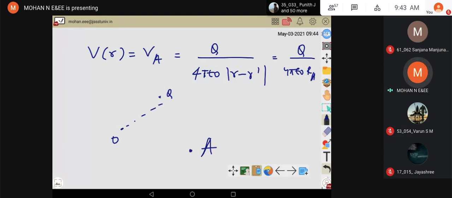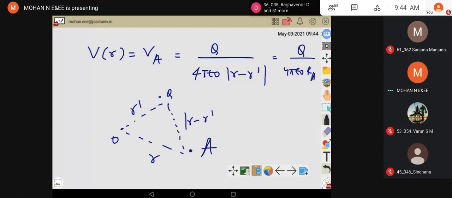So this is R dash, this is R, and this is R minus R dash.